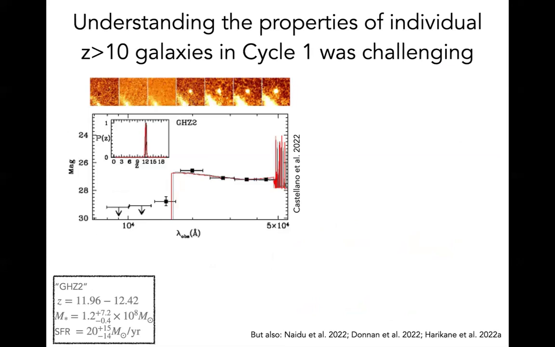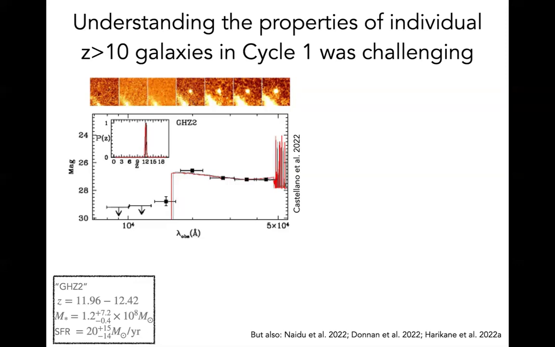It was a bit problematic in the beginning, especially when there was only photometric data. For instance, here I'm showing what they got for a galaxy called GHZ2. It was thought to be around redshift 12, with a stellar mass of around 10 to the 8, and the star formation rate around 20.